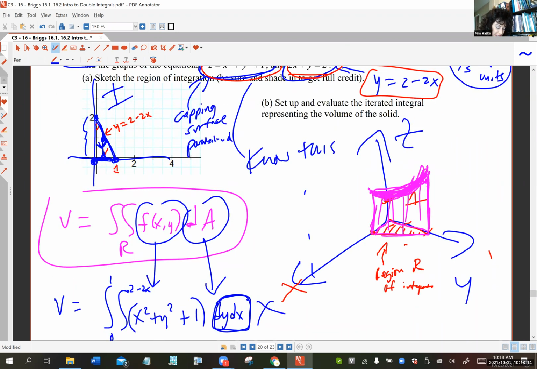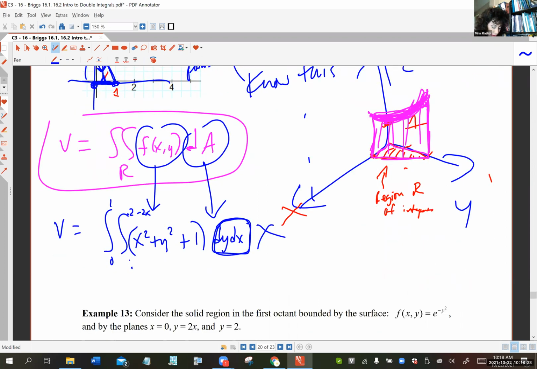And his feet are touching the lower limit for y, which is the x-axis, but that has the equation y equals 0. And there, we now have set up our double integral representing the volume for this lovely solid. So now let's go ahead and integrate.